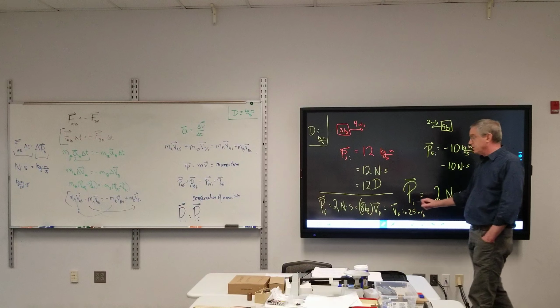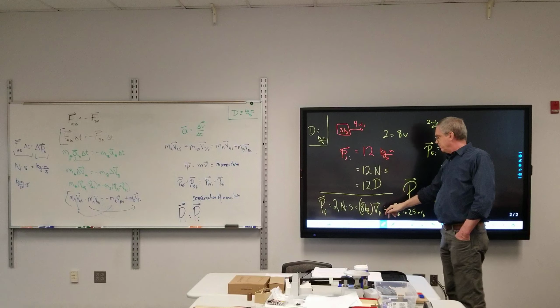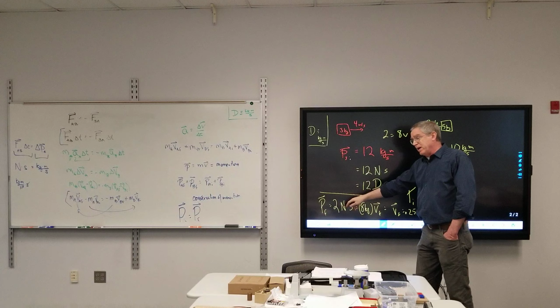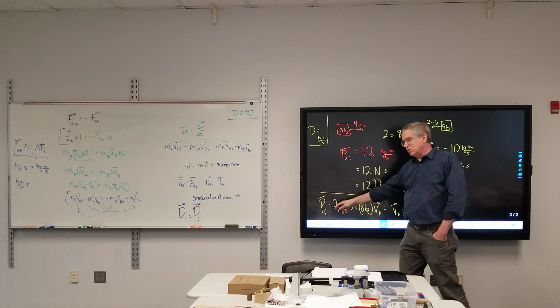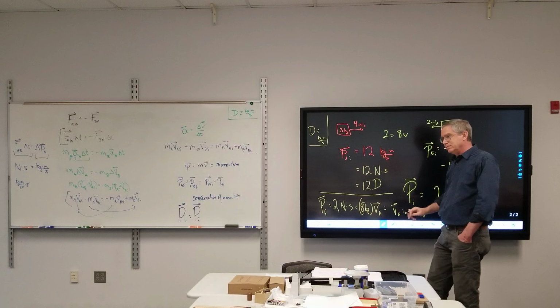My math problem here, I have 2 is equal to 8v. Solve for v. My momentum is mass times velocity. That's the mass times velocity. Solving for this, I divide both sides by 8 kilograms. 2 divided by 8, 0.25.